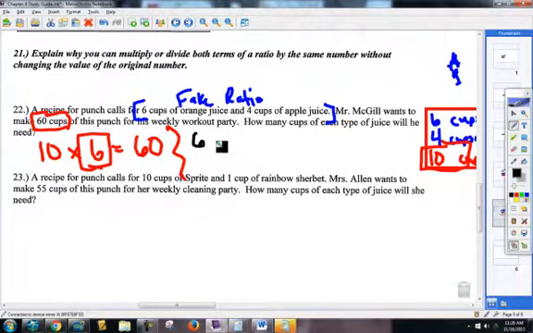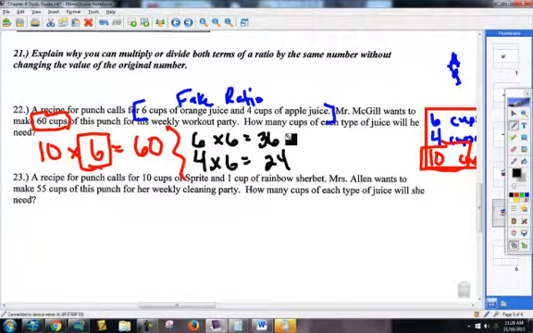I'm going to take the 6 cups of orange juice and multiply that by 6. 4 times 6 is 24. So that means he's going to need 36 cups of OJ and 24 cups of AJ. Does everybody see how I did that? It's all about figuring out that one other edge piece. Everybody good? Okay.